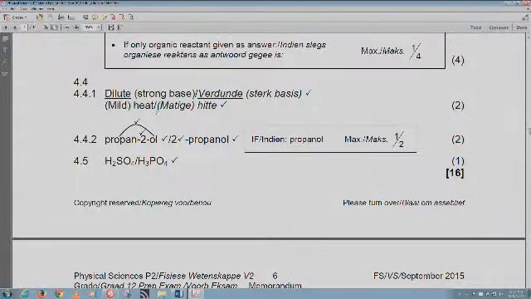And then the second condition is there must be mild heat. The learner can just say there must be heat to get the mark. The mild there is in brackets, meaning the learner need not give that mild. So for heat, it's 1 mark, and for dilute is the 2nd mark. Even if the learner says sodium hydroxide, the learner must say dilute sodium hydroxide. So the word dilute is the one that carries a mark.